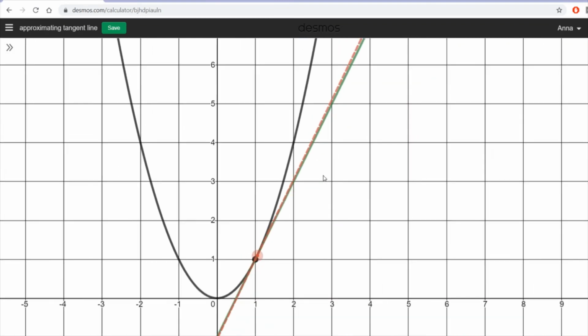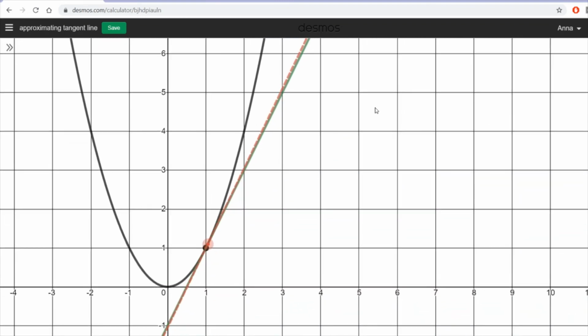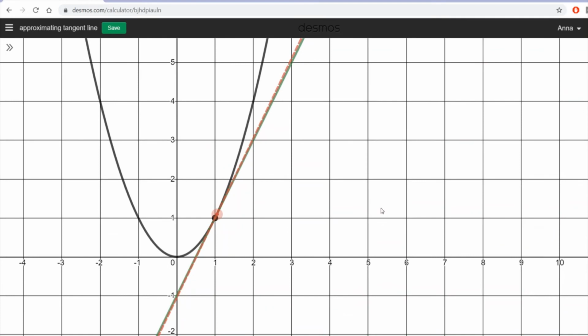And notice that the red line is so close to the green line that its slope is going to be very similar. And so that's basically the process we're going to use. We're going to keep finding slopes of secant lines while taking that second point and bringing it closer and closer to 1 and seeing what the trend is with where those slopes are going.